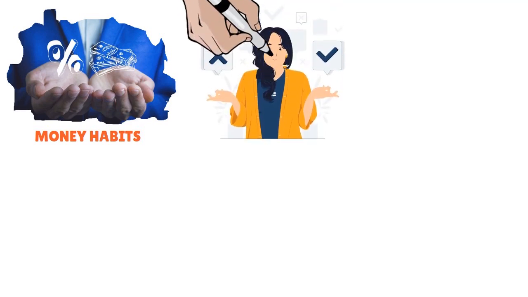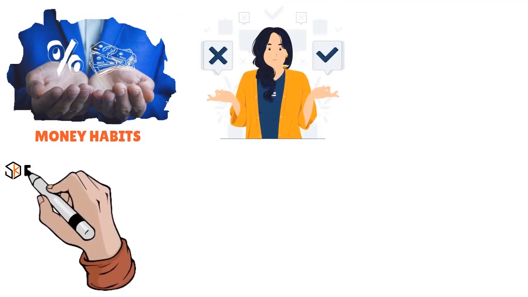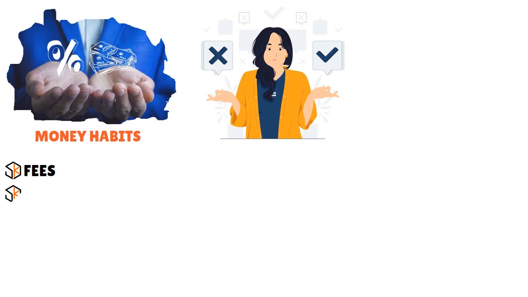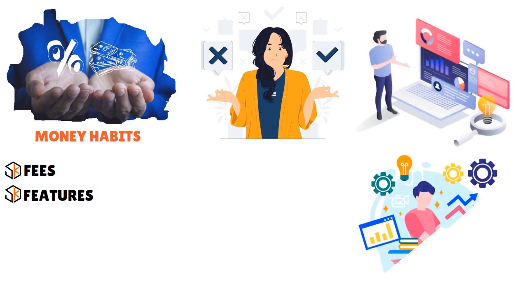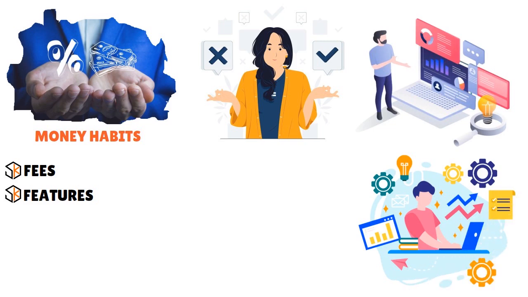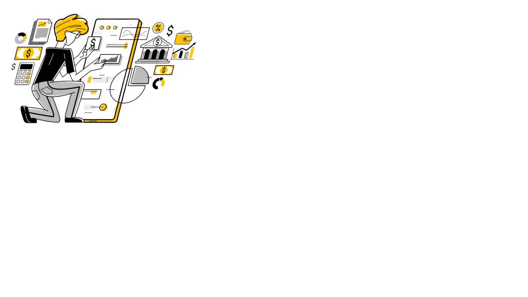Now, how do you choose the right budgeting app? Well, you want to pay attention to the fees. Fees are really critical. You want to look at the features. Each app has unique features and benefits, so it may take some time for you to test a few different apps to see which one best fits your needs. If you use a mobile banking app, you have a head start on the features you'll need to be seeking.